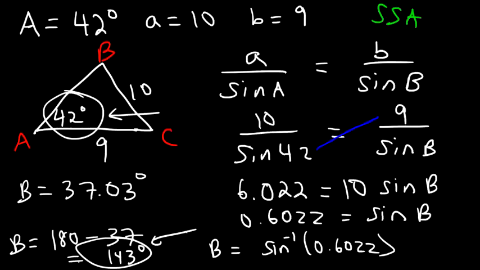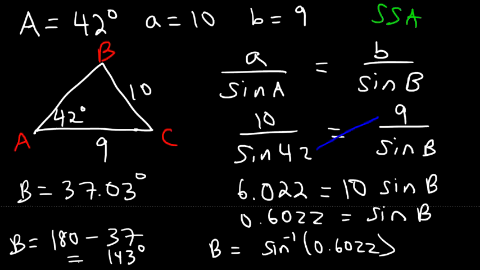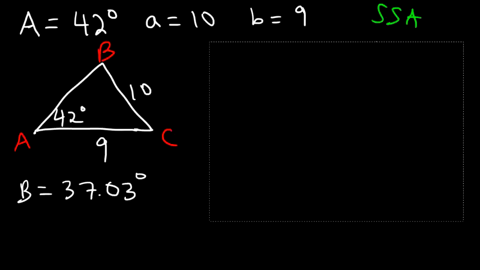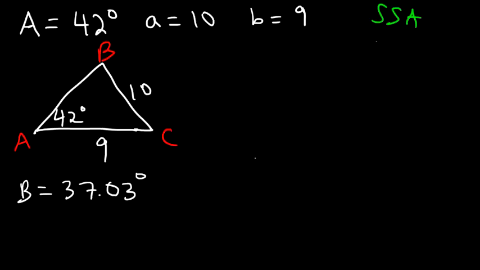It has to be less than 180. Because those two angles add up to a value greater than 180, we're only going to have one triangle instead of two. So we can get rid of the second solution. So angle B is 37 degrees.